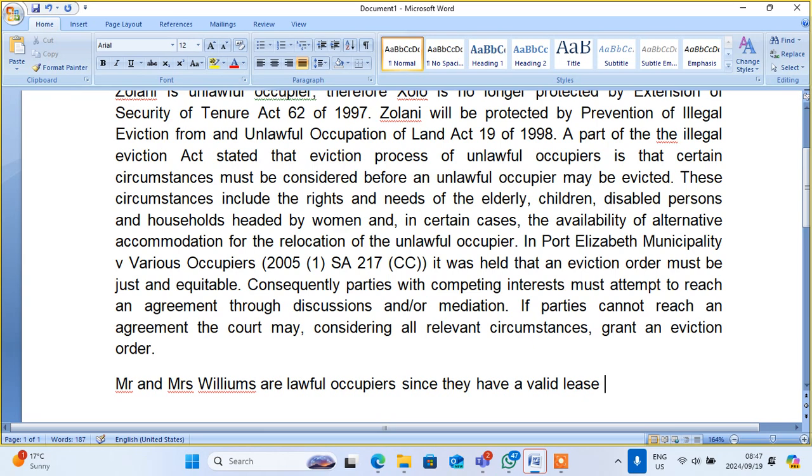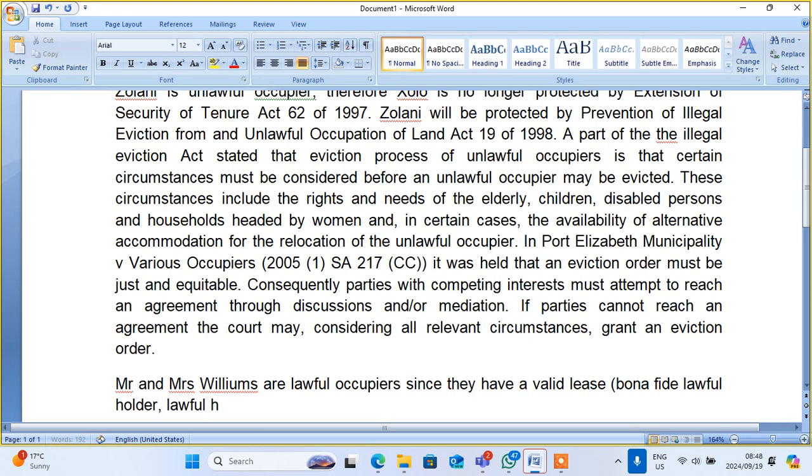It means that they are bona fide lawful holders, or we'll just say lawful holders, right?